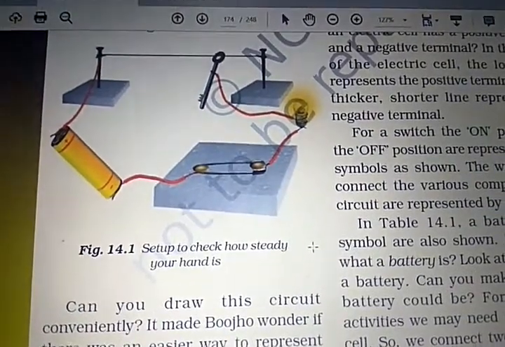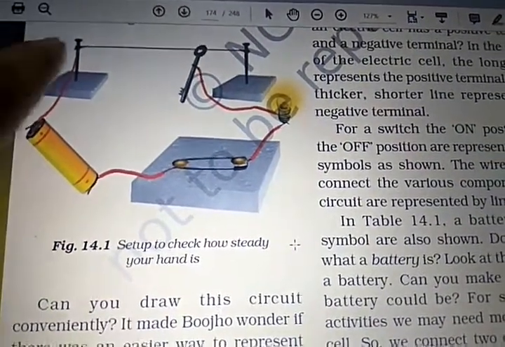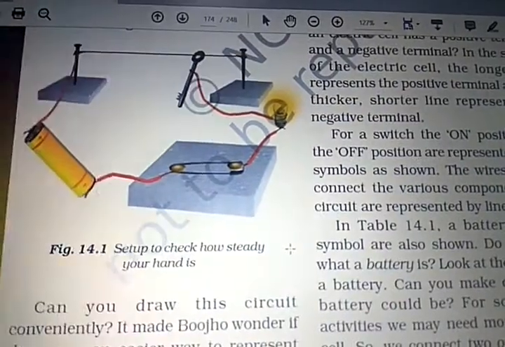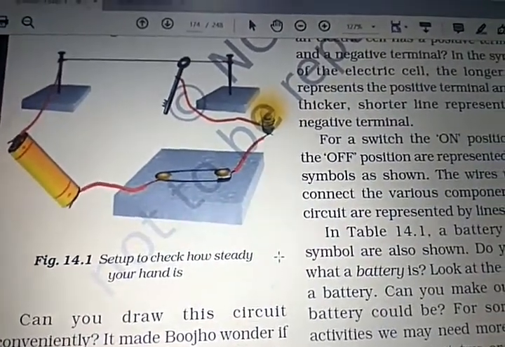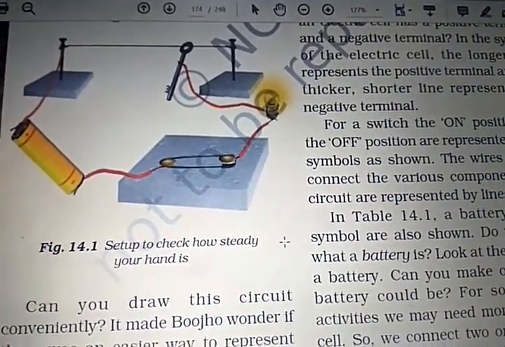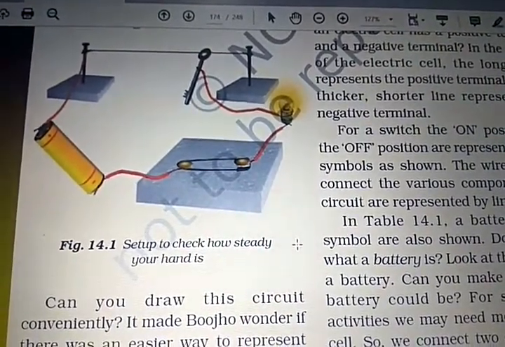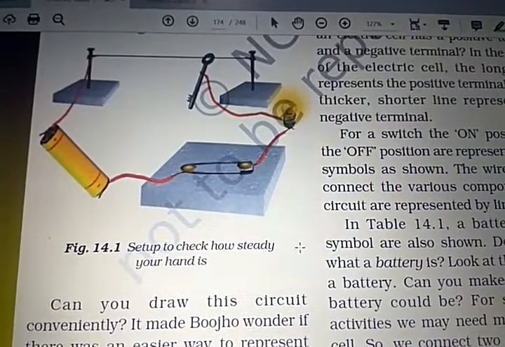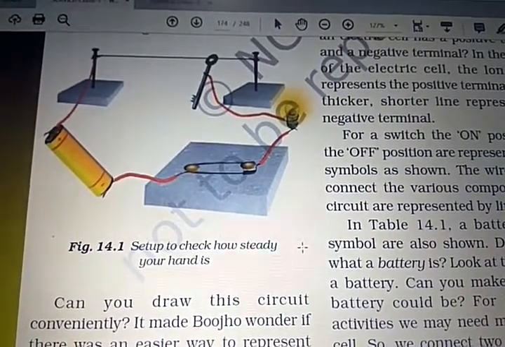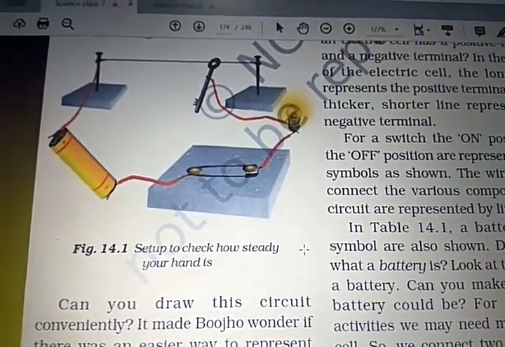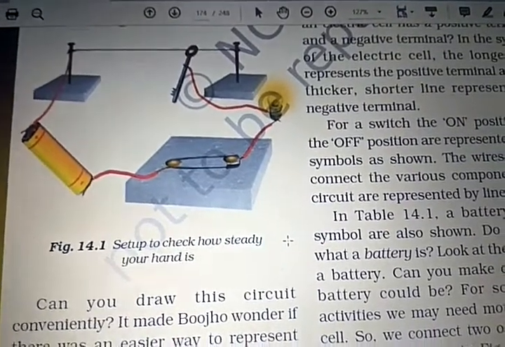You ask your friend to move from here to here without touching that wire. If the wire is touched, your game is over, right? And if the wire does not touch, it means you are the winner, correct?